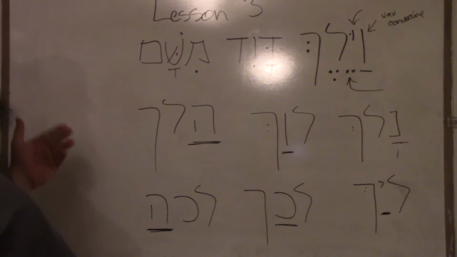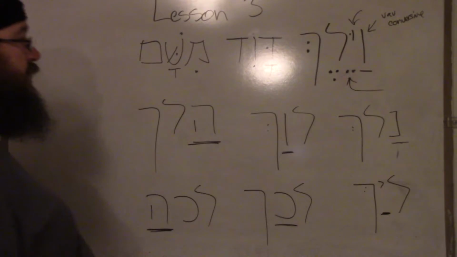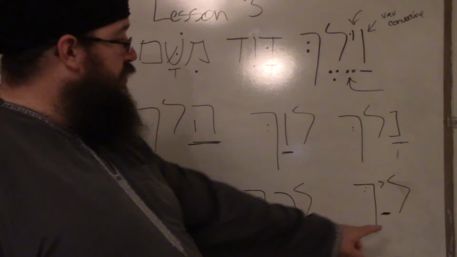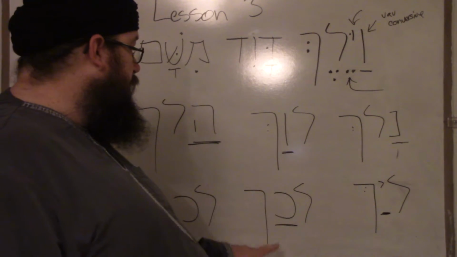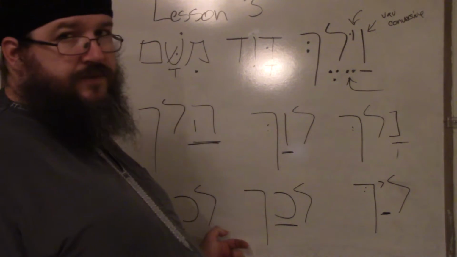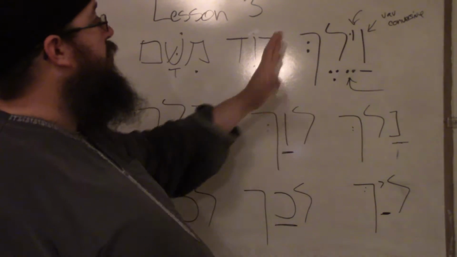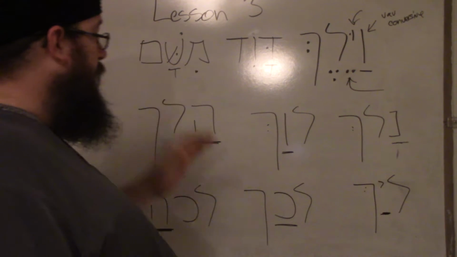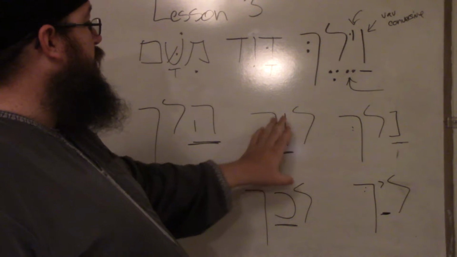So here we have, like I said, 5 possibilities by which we can use. We can look for a nun in the front of the root. We can look for a yud in the middle. We can look for a vav in the middle. We can look for a kaf and double it, so it's 2 kafs, because we're saying that possibly the double root is being used, because when we put it in this form, which is the vav conversive form, the kaf falls off. This is why we're looking for that. The same thing with regard to the vav.